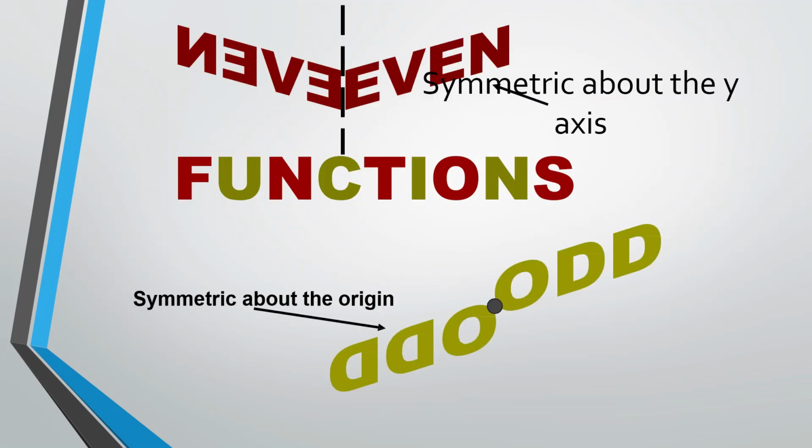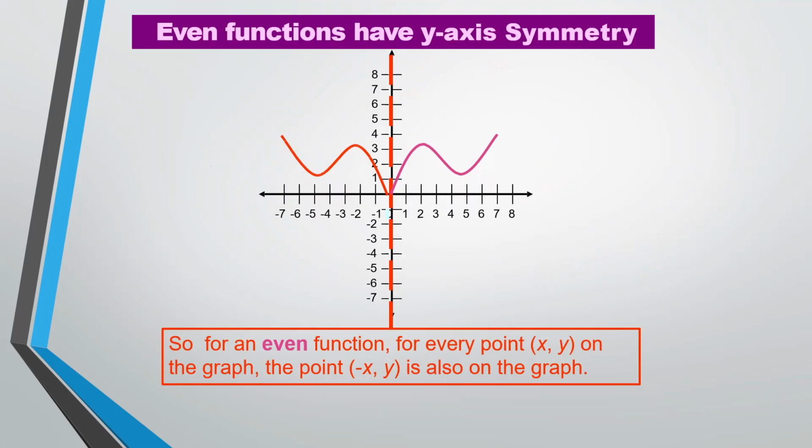So now here's another topic: even and odd functions. What are even functions? For an even function, for every point x comma y on the graph, the point minus x comma y is also on the graph. What does it mean?